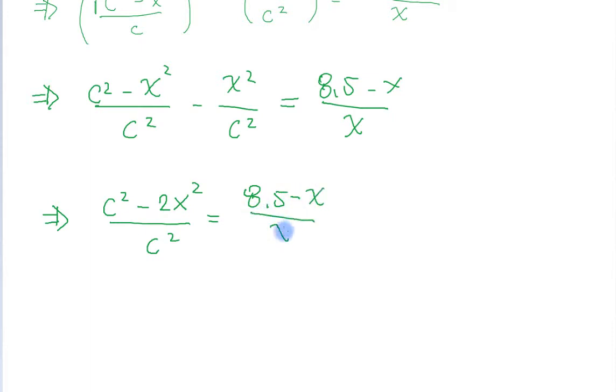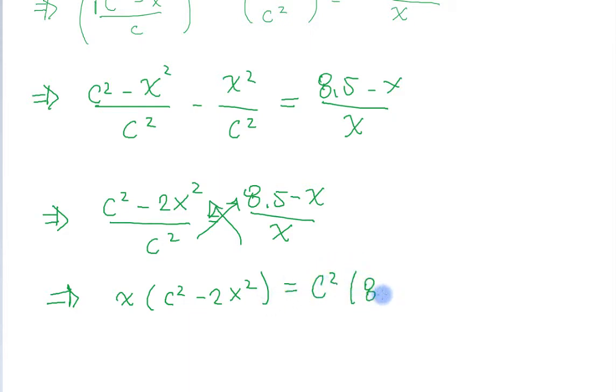Now this implies, well, two fractions equal, we can cross multiply, right? We have x times c squared minus 2x squared equals c squared times 8.5 minus x.